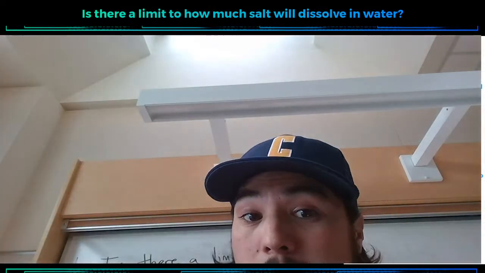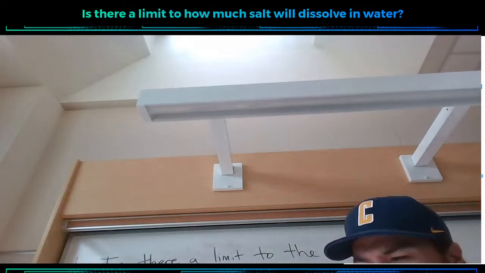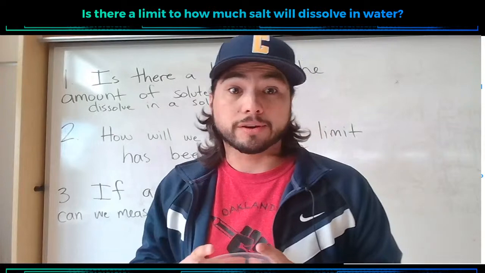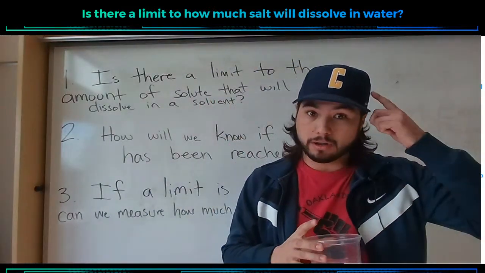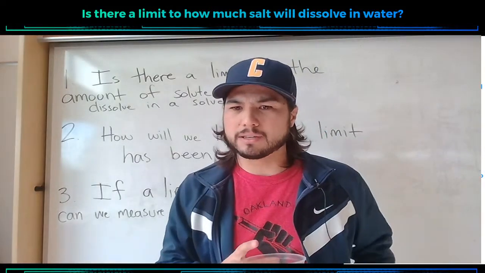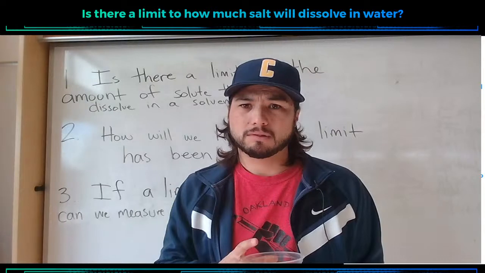Now, I also did one with 4 scoops. So put your hypothesis and your inference caps on here. If 3 scoops had just a tiny little bit of undissolved salt in there, what do we think 4 scoops is going to look like?